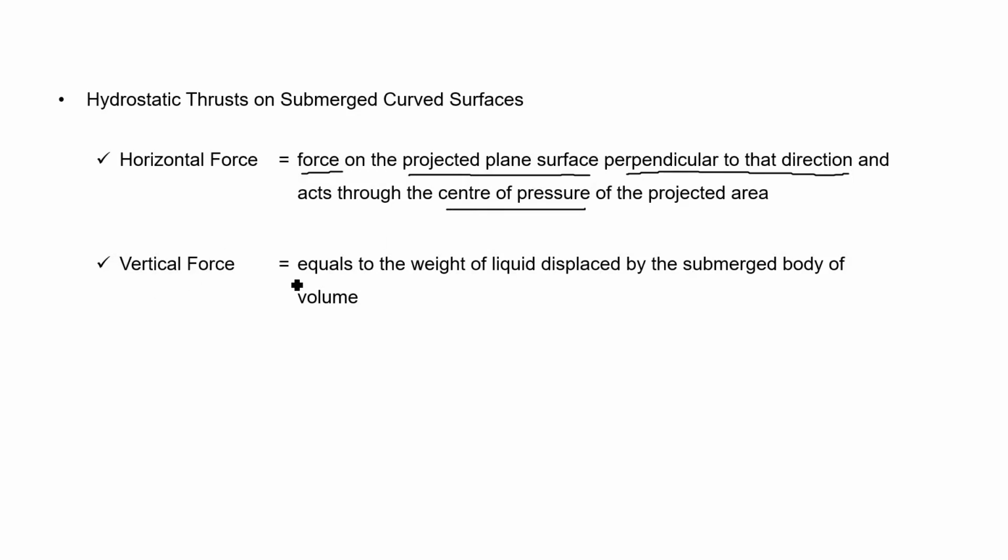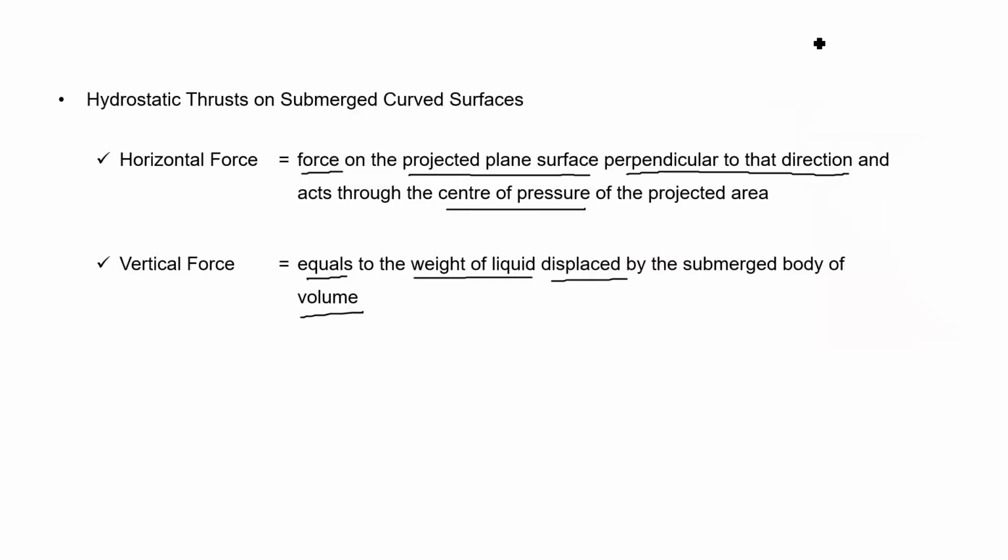And vertical force is equal to the weight of the liquid displaced by the submerged body of volume. For this question we will see how to calculate the horizontal and vertical force on any curved surface.